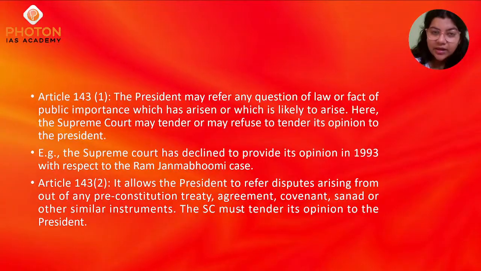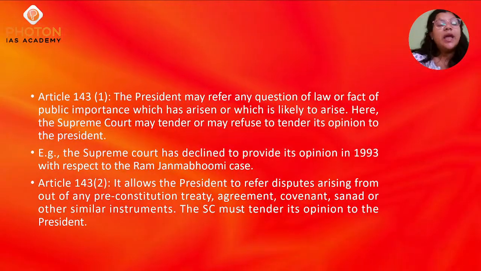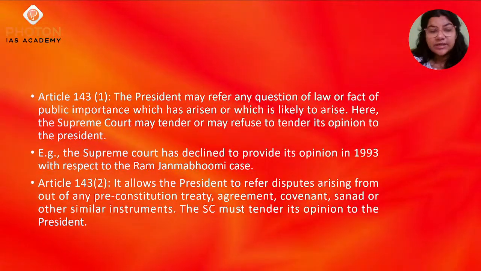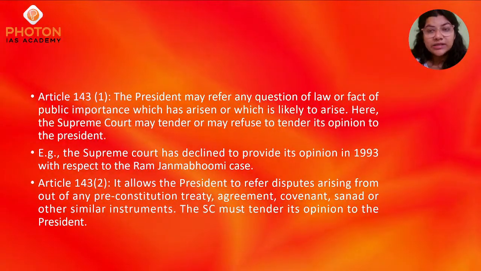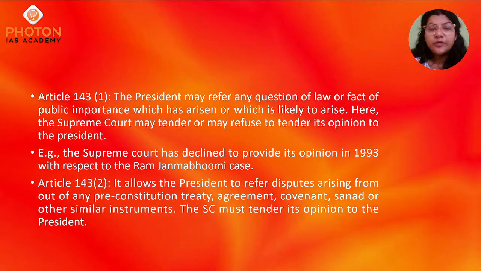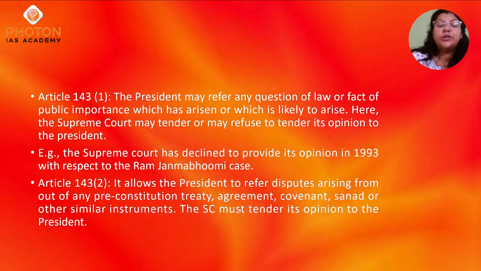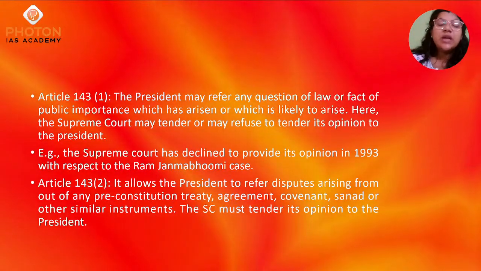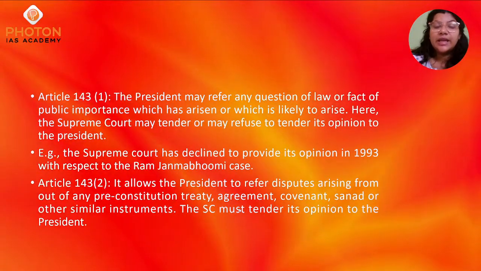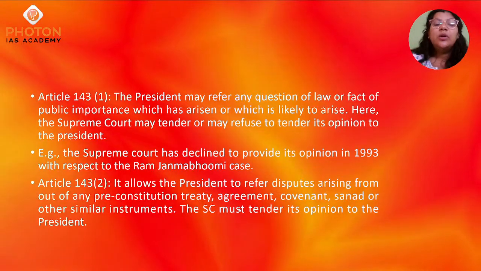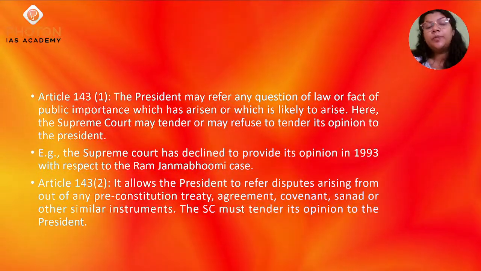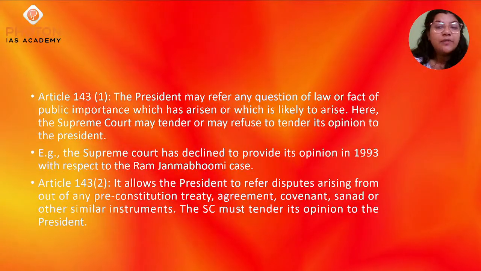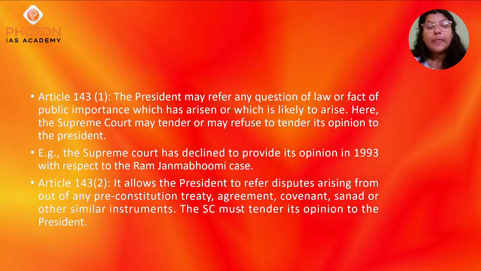It can either give advice or deny giving advice to the President. Article 143 Part 2 deals with the President asking queries out of disputes arising from pre-constitutional treaty, agreement, covenant, sanad, all of which mean agreements or legal documents. In this case, the Supreme Court must tender its opinion to the President. Is Article 143 clear?